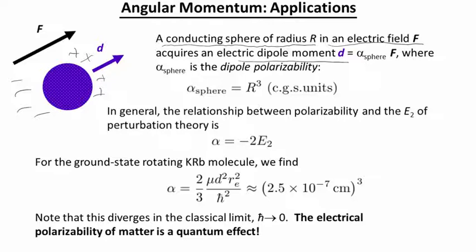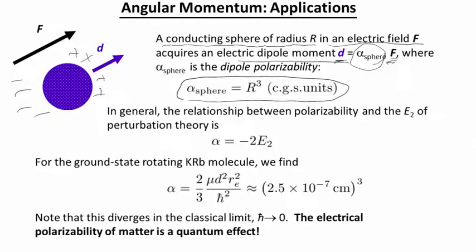And so it turns out that there's a very useful convention: for weak fields the relationship is a linear response. So the dipole moment induced by an applied electric field is just proportional to this constant that's characteristic of the object, which for a conducting sphere is just the cube of its radius. And that's when we use the CGS units for the electric field and charges.